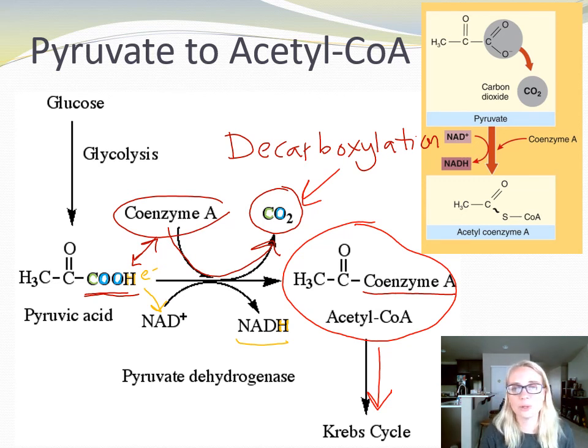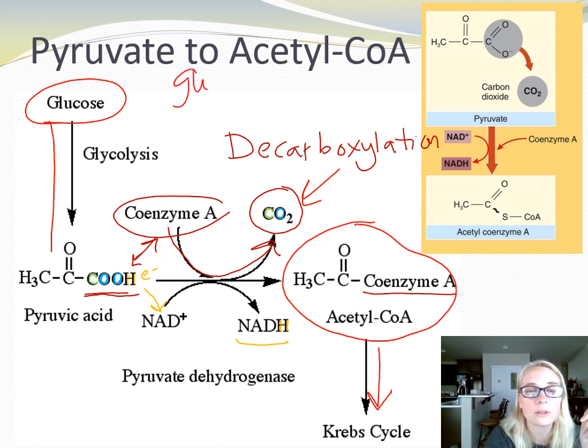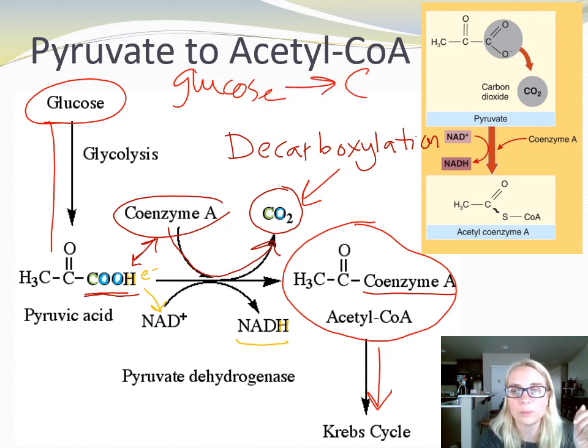And where did that carbon originate? Well, it came from the pyruvic acid. Well, where did the pyruvic acid come from? If we go all the way back to the beginning, it came from the glucose. So if you think about it, the food that you eat, the glucose, the proteins, the fats, they all run through these processes. If you remember from that big overall reaction, the glucose gets oxidized into what? Carbon dioxide.